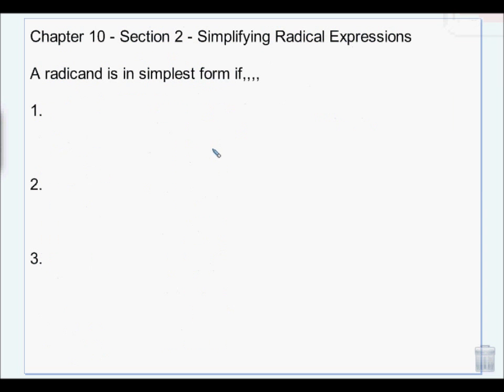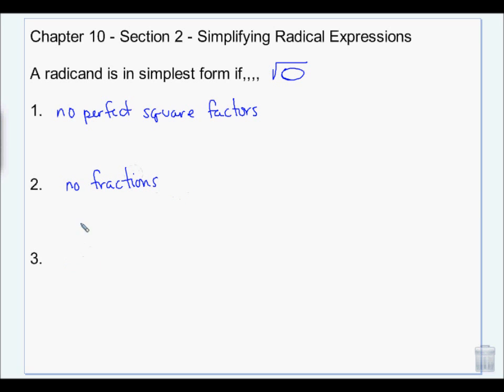Right, so simplifying radical expressions. Okay, a radicand, that's the part underneath the radical, is in its simplest form if there are no perfect square factors.